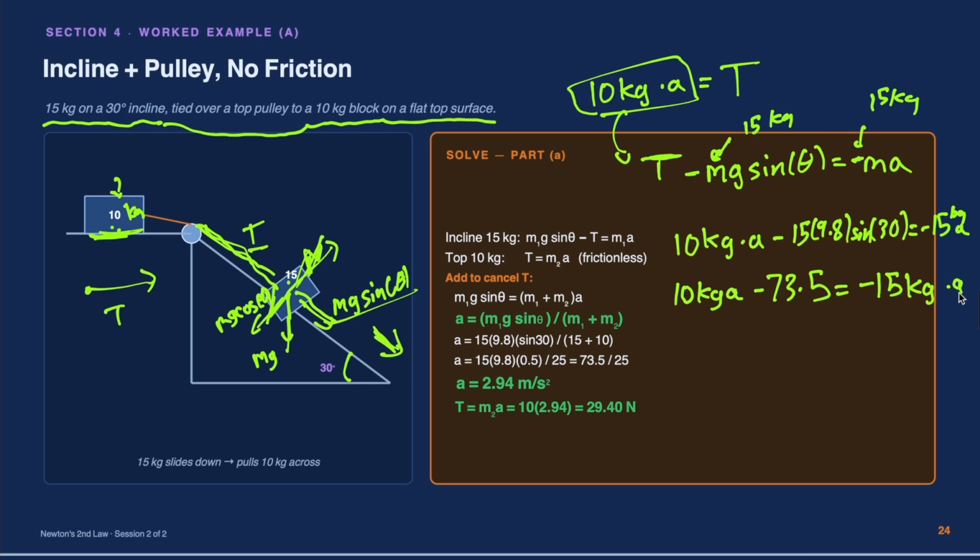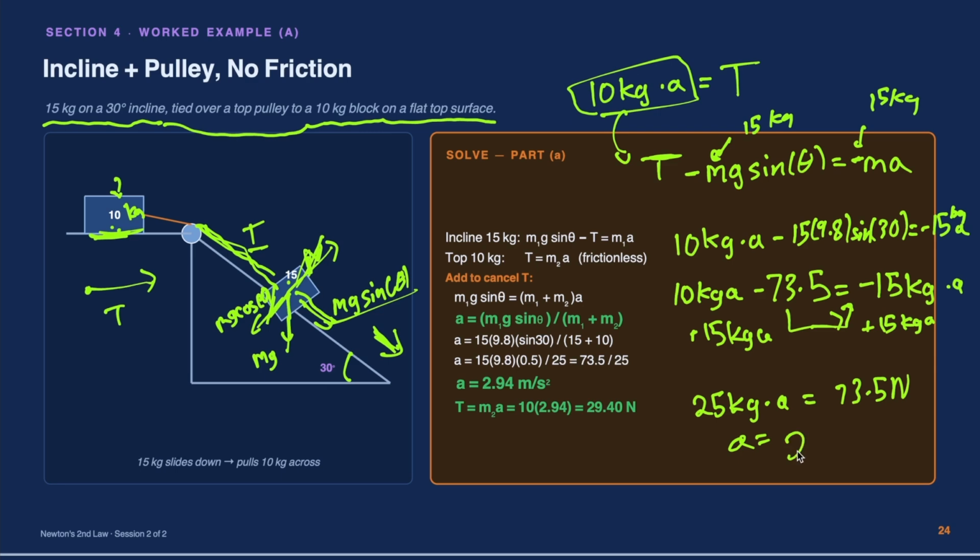So if I add these to both sides to get all the accelerations on one side, 25 kgs times acceleration is equal to 73.5 newtons. I just sent this to the other side. a is equal to 73.5 divided by 25, or 2.94 meters per second squared.